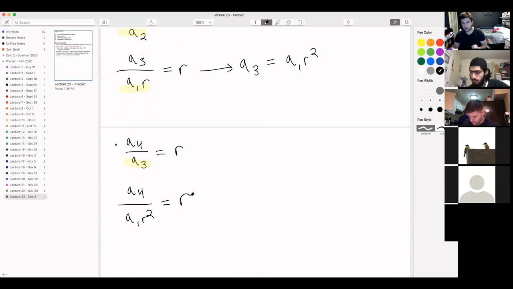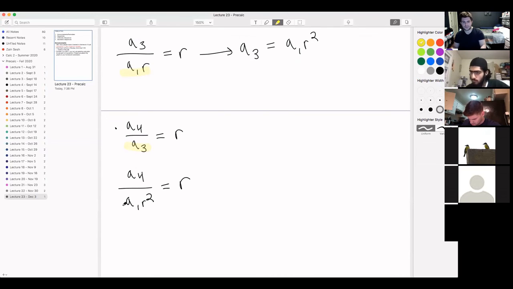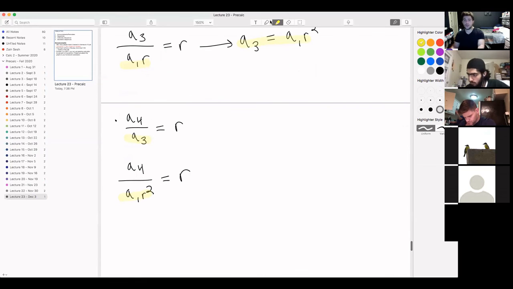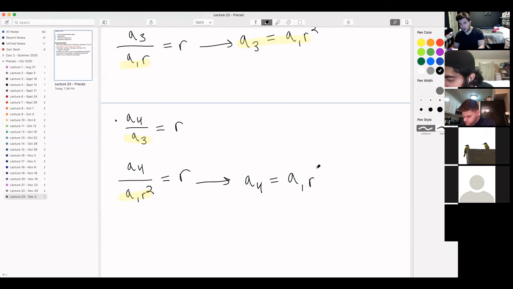And this is equal to r. All right, so I'm just substituting in our formula for a3, and it's right here. Good, now solve this for a4. A sub 4 will be a1 times r to the third power.